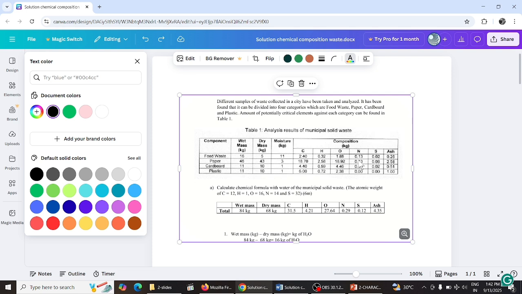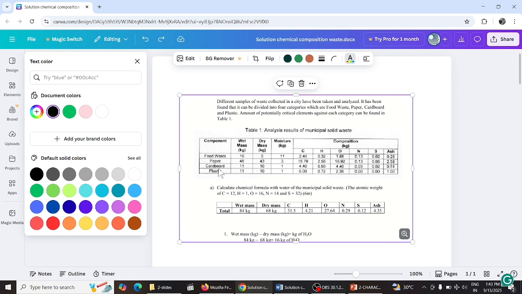And in the direct analysis method, physically sorting the municipal solid waste into different categories, and then we will analyze each component for its elemental and chemical makeup. Okay, and the elemental analysis, you can see in front of us, the carbon percentage for each component of the municipal solid waste, that is food waste, paper, cardboard, plastics.